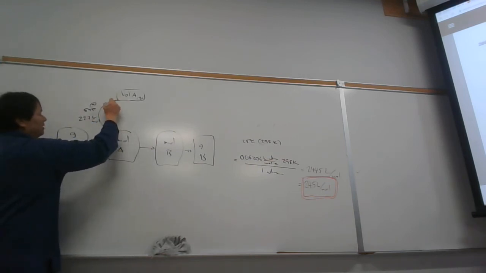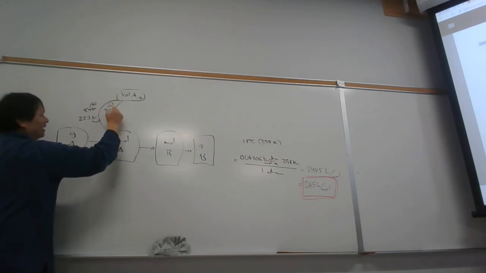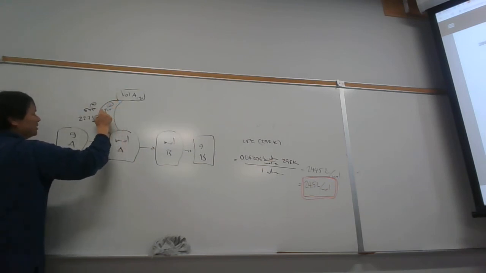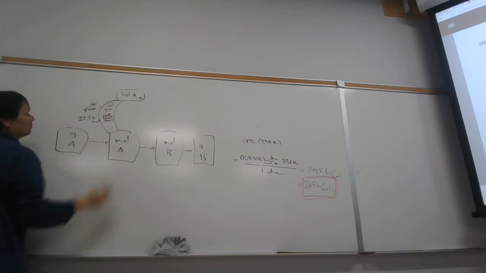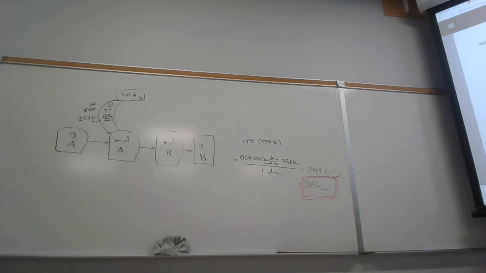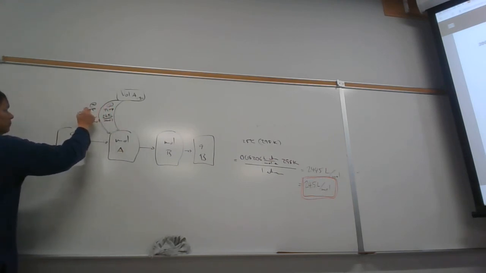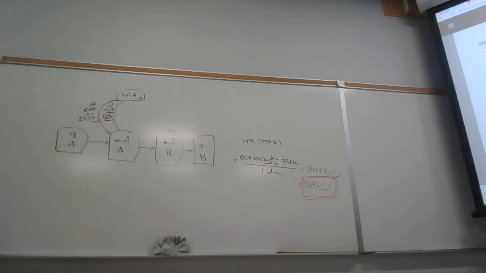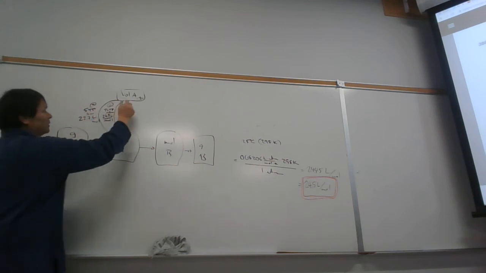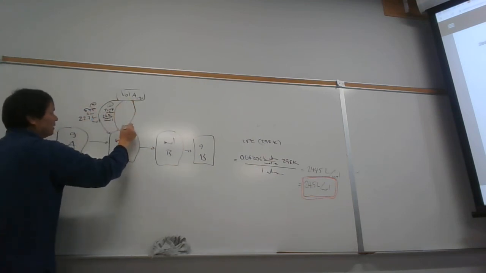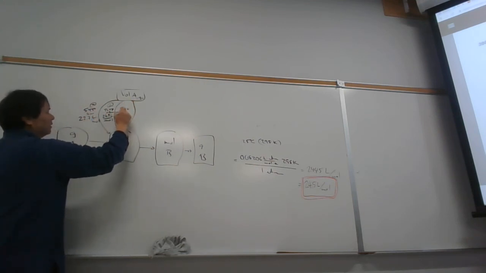At RTP, I'll do this conversion using 24.5 liters per mole. Room temperature and atmospheric pressure. This would be bar, and this would be an atmosphere. And if neither STP nor RTP, I'm going to have to use the molar volume and calculate it.